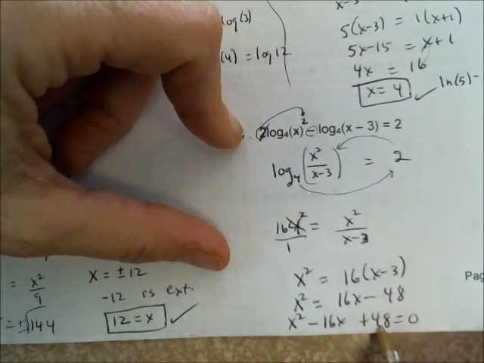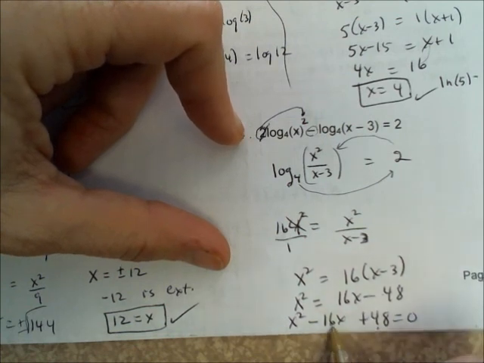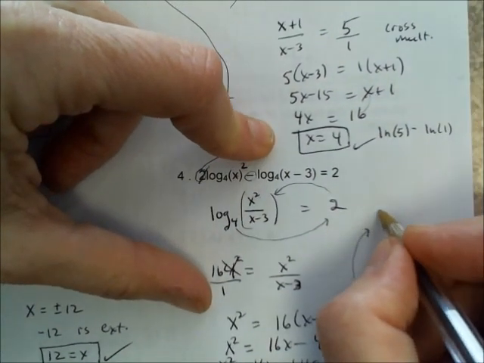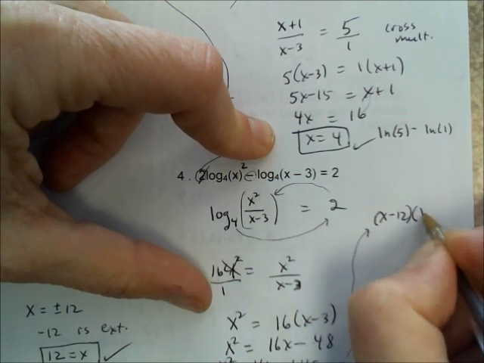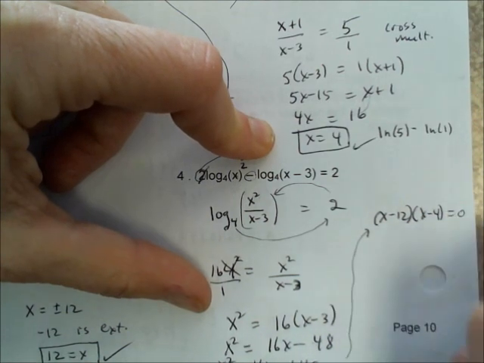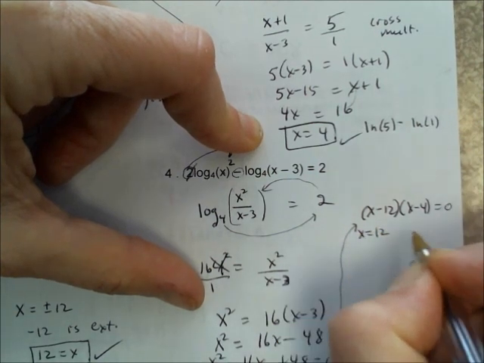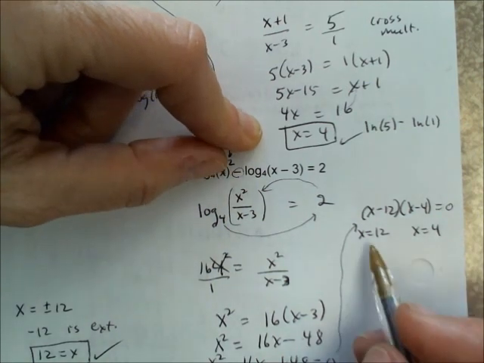Yes, 12 times 4 is 48. 12 plus 4 is 16. But they both have to be negative to get the negative 16. So this factored is x minus 12 times x minus 4 equals 0. So in other words, x is equal to 12 and x is equal to 4. Those are our potential answers.